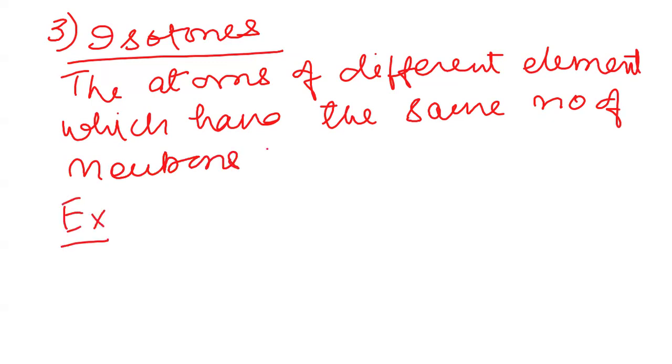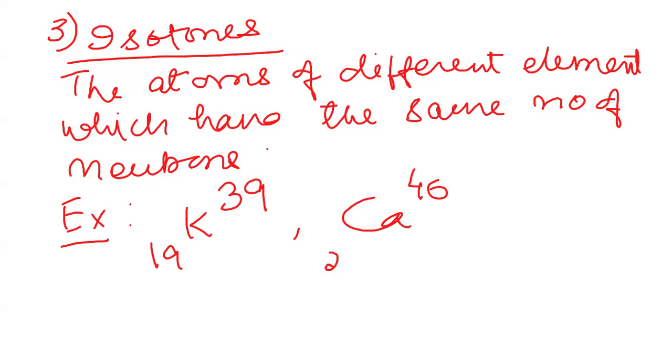For example, potassium is 39 and 19. Calcium is 40 and 20. Now tell me the number of protons, electrons, and neutrons in both of these and compare.